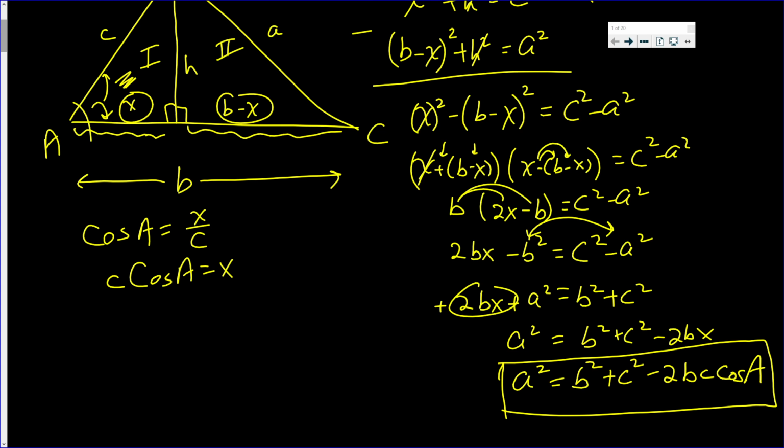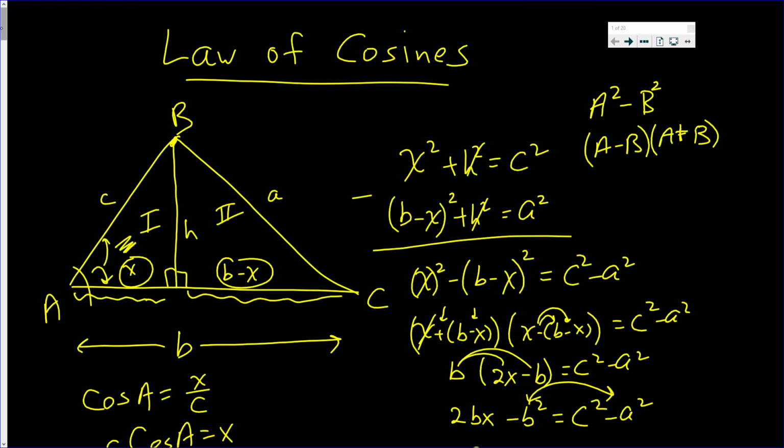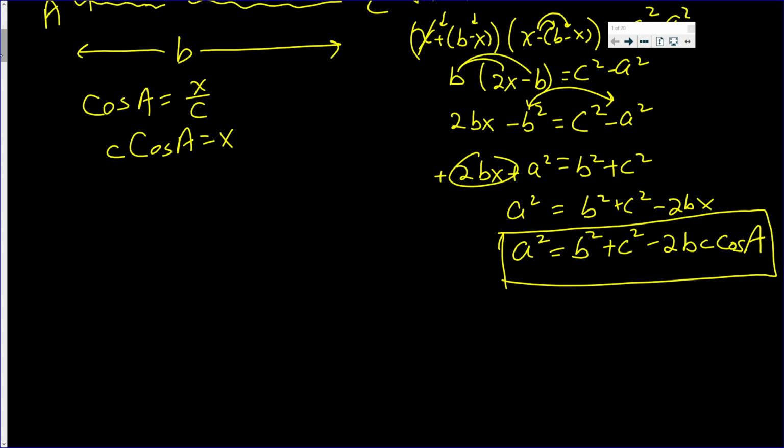Now, notice that I drew the altitude at B. Well, I could have drawn it at A, or I could have drawn it at C. And if I had done that, the only thing that would change is the order of A, B, and C. Now notice that what's being multiplied here are those values.